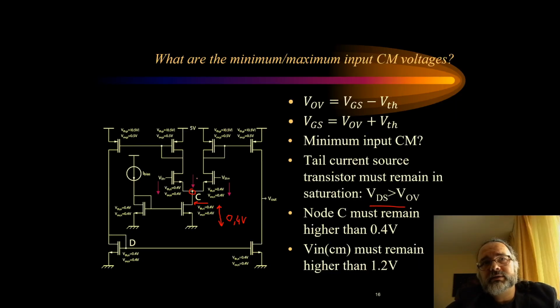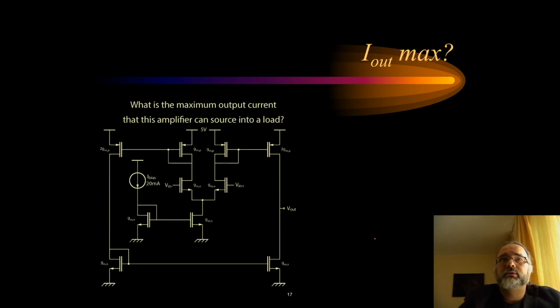So if this should remain higher than 0.4 volts, this means that the common mode here should remain higher than 1.2 volts, because we require one gate source voltage, which is 0.4 plus 0.4, for this current to be propagated. Hence the minimum input common mode voltage should be 1.2 volts.